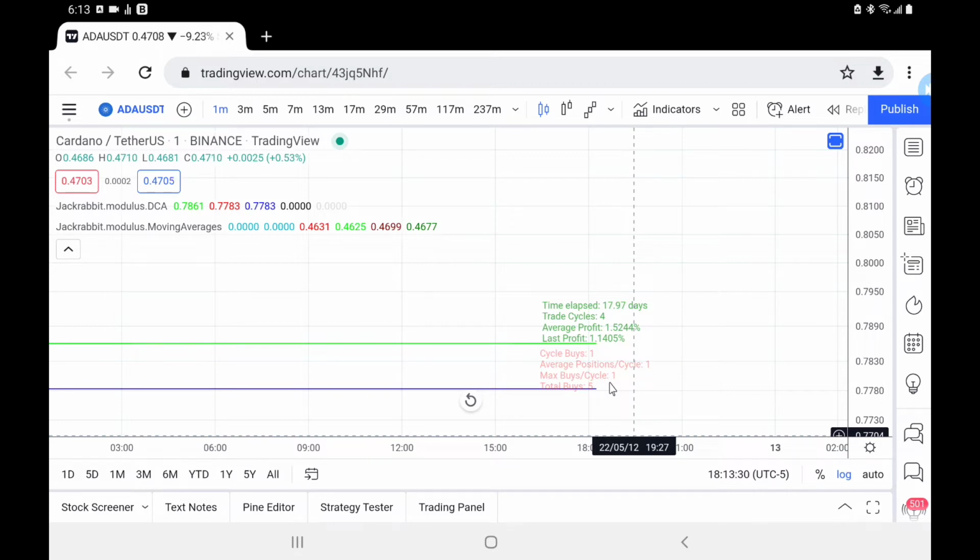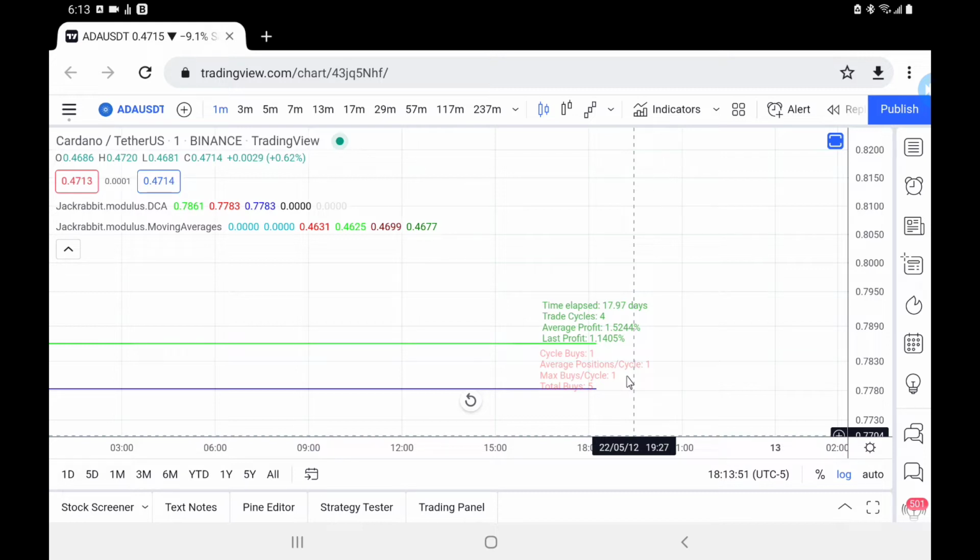Now this was tuned for a 1 minute time frame, but really can be used on any time frame. As you can see, one position, that's it. Maximum risk, one single position.